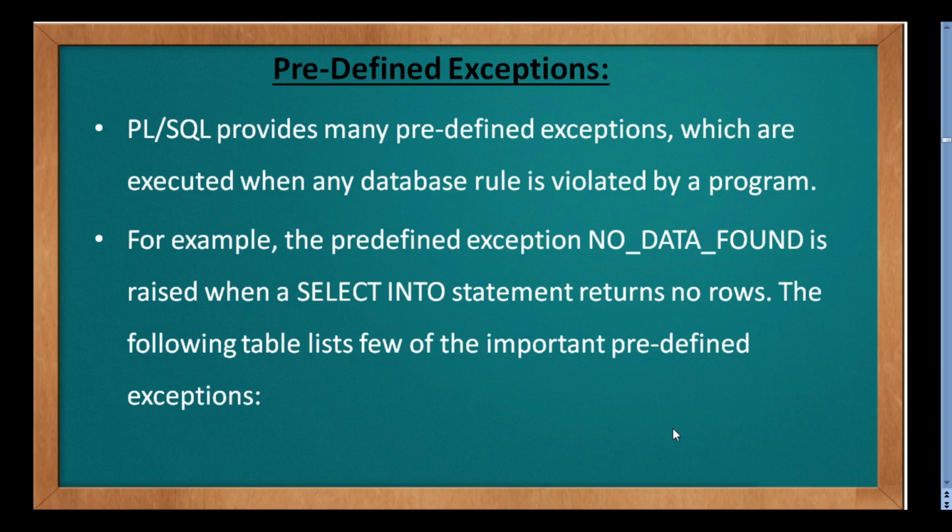The first, well-known common runtime error is trying to divide a number by 0. Then PL/SQL raises an exception identifier called ZERO_DIVIDE. If you try to retrieve records from a table but no records are found, then it raises an exception called NO_DATA_FOUND.